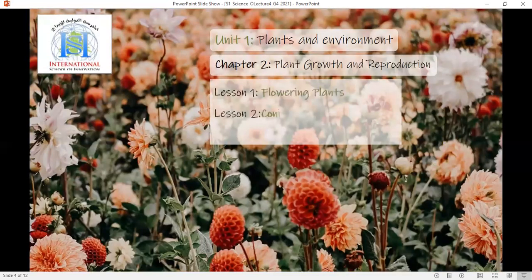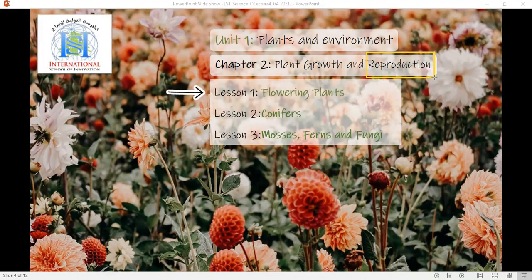The flower is an important part of a flowering plant since it helps in the reproduction of the plant. Reproduction is the process of reproducing or making new organisms out of old organisms.